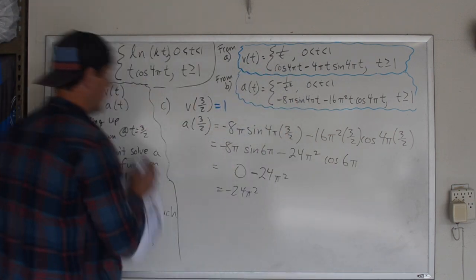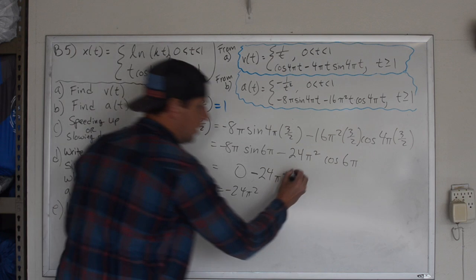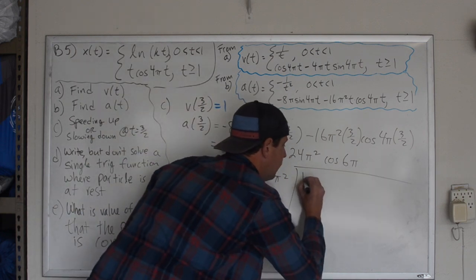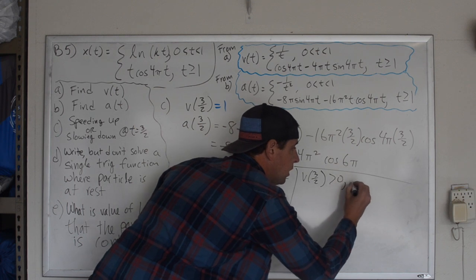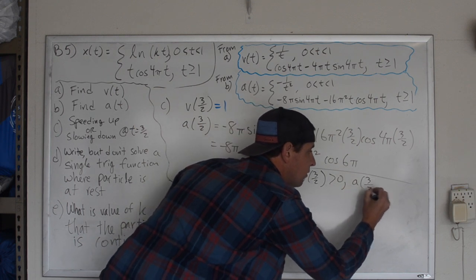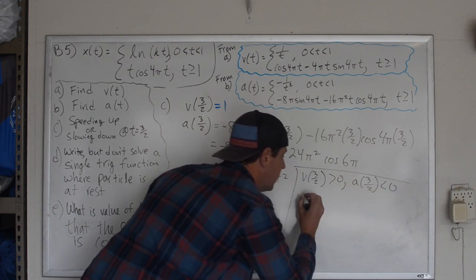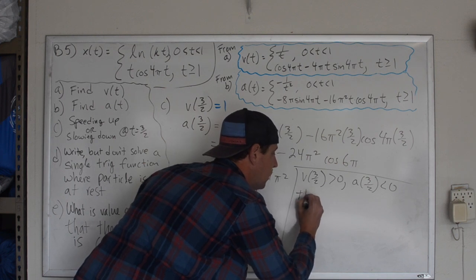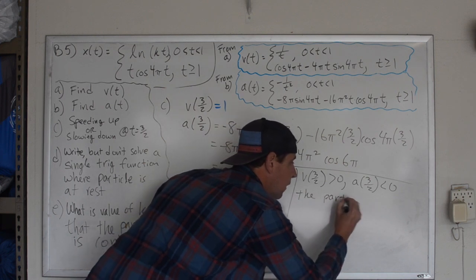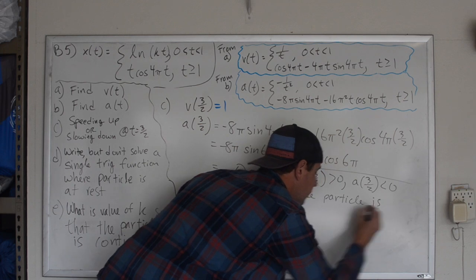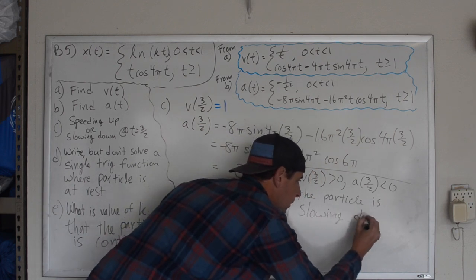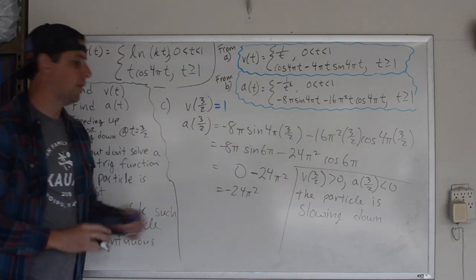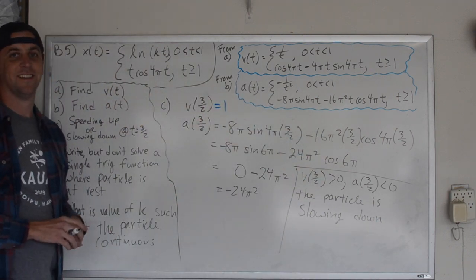Since v of 3/2 is greater than 0, and a of 3/2 is less than 0, the particle is slowing down. And that's our answer for part C.